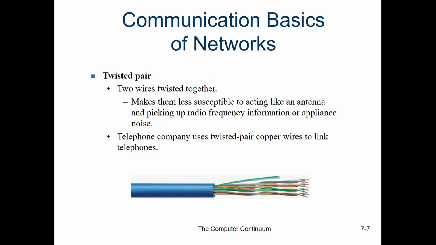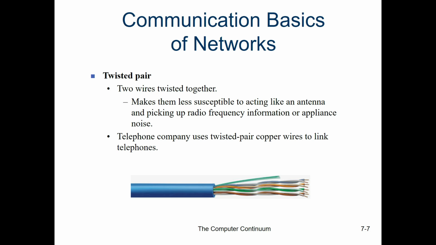Twisted pair cables are mostly used nowadays in connecting different computers in offices and labs. It makes two wires twisted together. This is how it looks, as you can see in the picture.